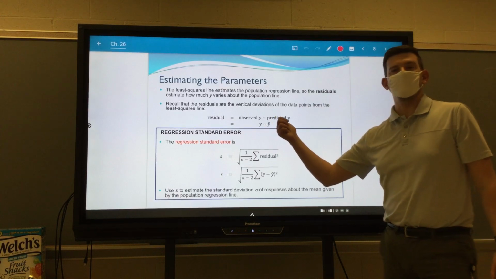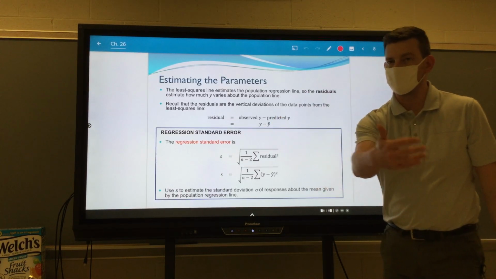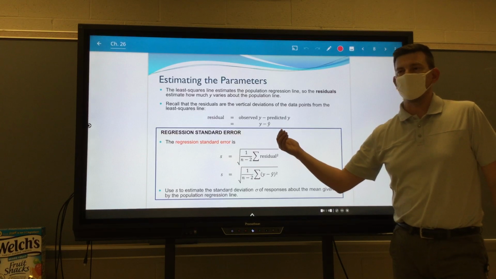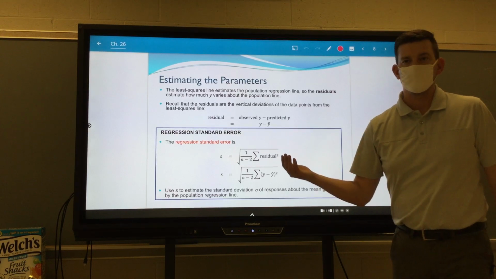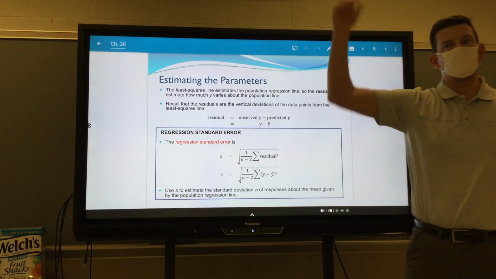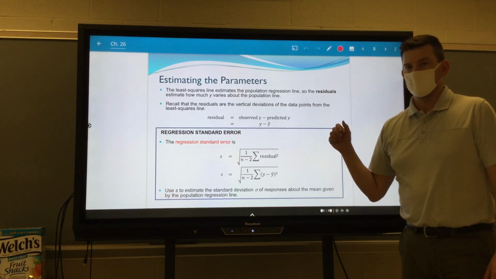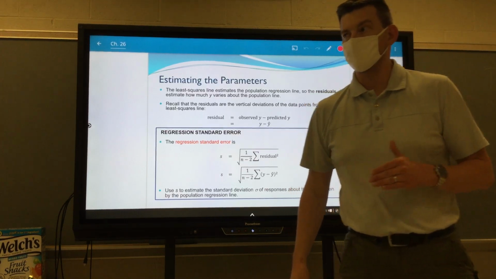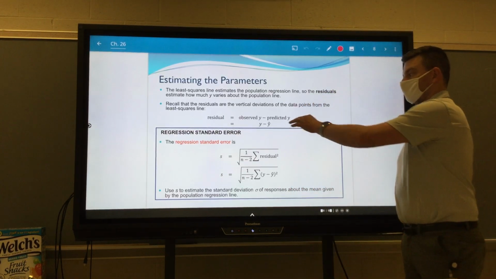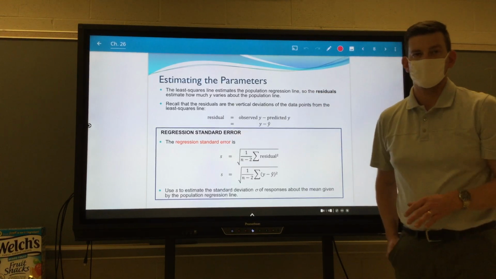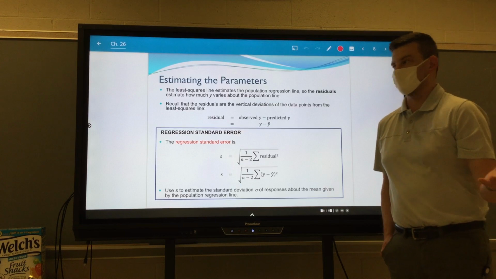But based off of the number of times they cried, we would have predicted that they would have an IQ of 105. There's a residual of 5. It's 5 above what we would predict. In our sample data, we had 38 individuals. Some of them are going to be above the prediction. Some of them are going to be below the prediction. That's to be expected.